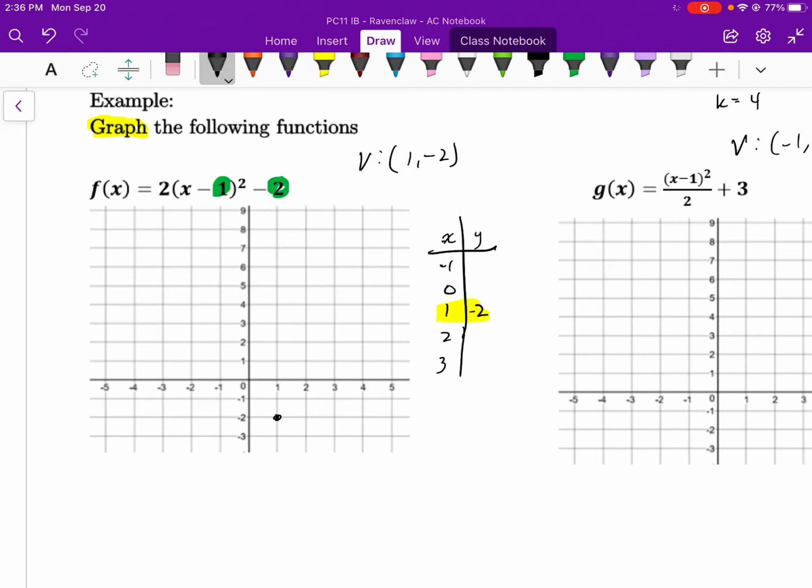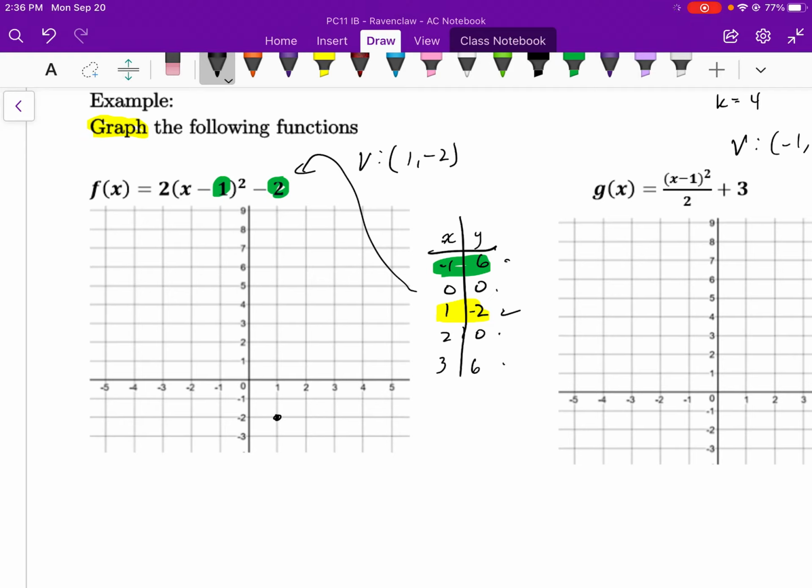Now, basically, I'm trying to center my graph around the vertex. And what we do is we take the x value and we plug it into this equation. For each of these, we have to determine the y, except for the vertex, because that's what you're given.